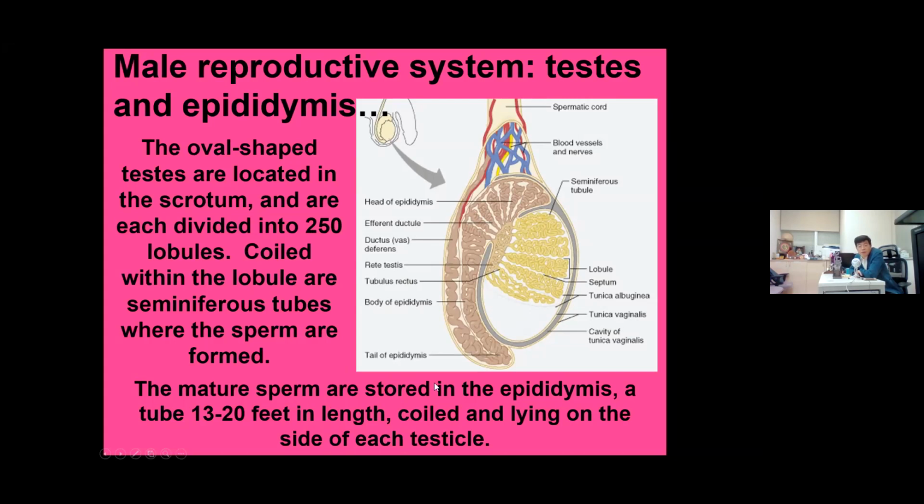The mature sperm is stored in the epididymis, and this is very long, 13 to 20 feet. The average ejaculate is about 3 to 5 milliliters, or cc, of sperm.